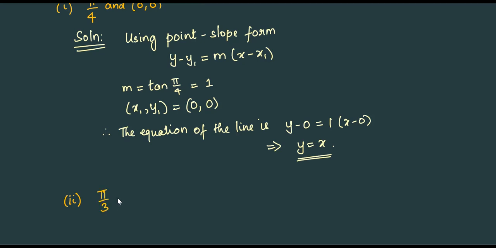Angle of inclination with positive x-axis is pi by 3 and it passes through the point (1, 2). So please do this.